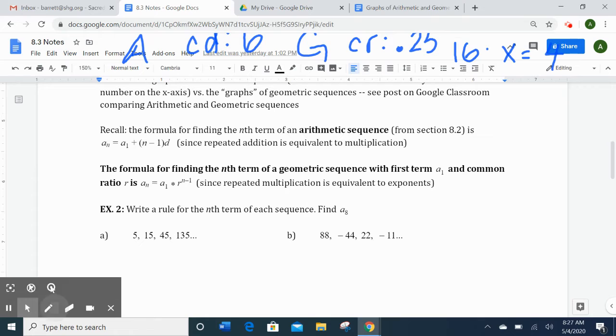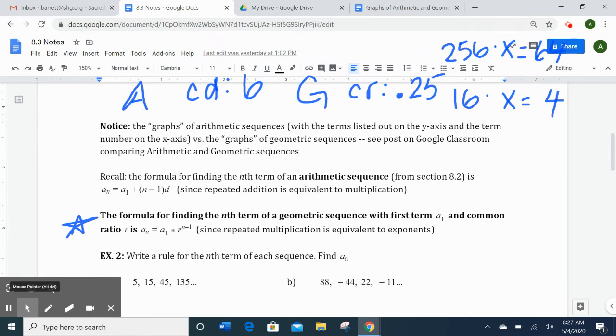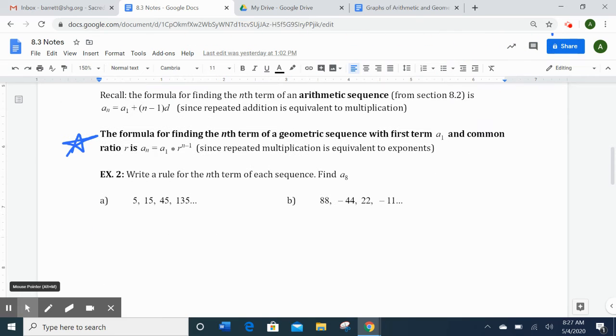This is new here, the formula for finding the nth term of a geometric sequence with first term A sub 1 and common ratio R is written there. So A sub n equals A sub 1 times R to the n minus 1 power, because if I'm multiplying by 0.25 times 0.25 times 0.25, that can be rewritten as an exponent.